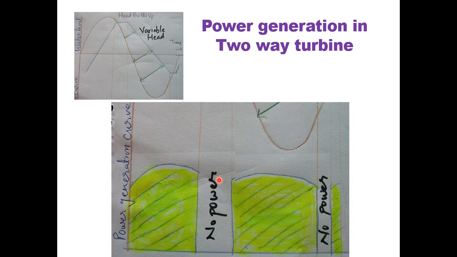So during high head the relative difference is created and we get a good amount of electrical power. It is not as much as the power generation in a two-way turbine, but we can manage the loads by incorporating this water into the power generation prime mover.